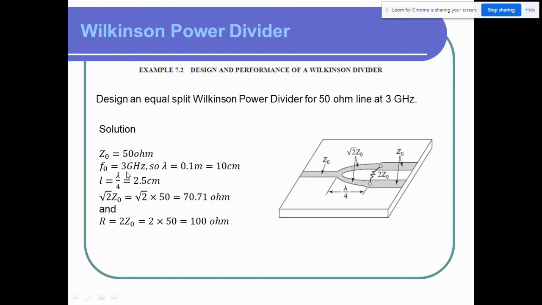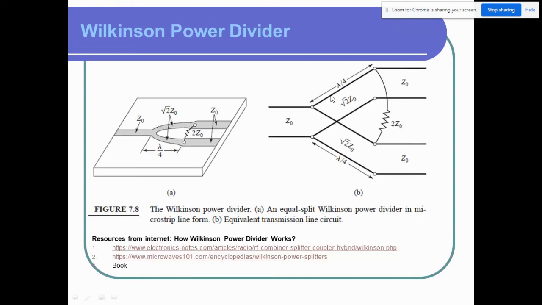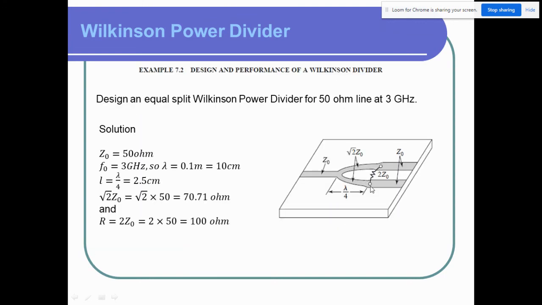We have 50 ohm of characteristic impedance. Our frequency f naught is equal to 3 gigahertz. So our lambda is 0.1. Lambda, you know, is c by f, right? So you have to do it by yourself. 0.1 meter is equal to 10 centimeter. So the length of these lines, as I told you again, is 2.5 centimeter.